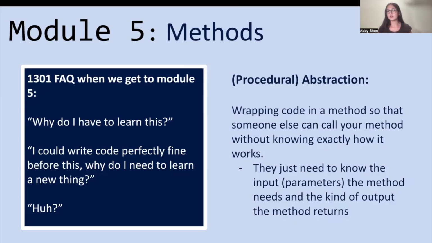So, we kind of saw this with the standard draw library when we were using this library that someone else had created and looking at the documentation to know how to use it without knowing exactly how it's working behind the scenes. So whoever's using this method just needs to know the input or the parameters that the method needs and what kind of output to expect from the method.